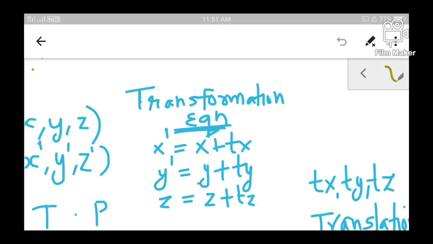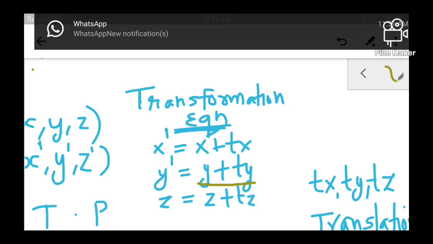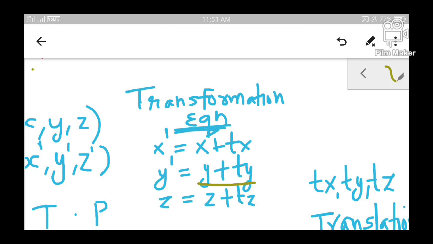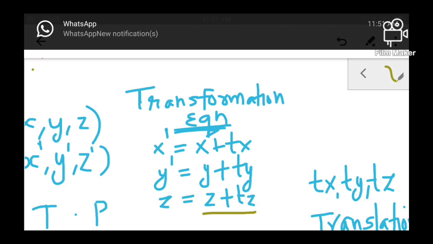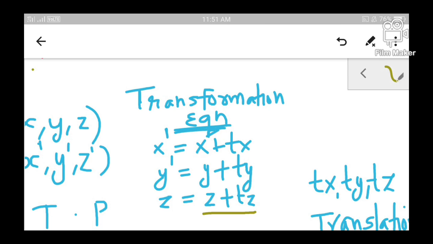Similarly, whenever ty is added to y, we get a new y dash. And when tz is added to z, we get z dash. Similarly, to the corresponding values of x, y and z, when tx, ty and tz are added, we get the equivalent x dash, y dash and z dash.